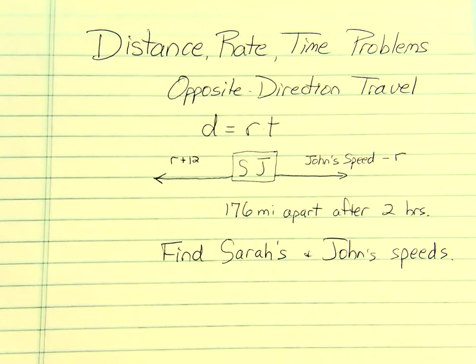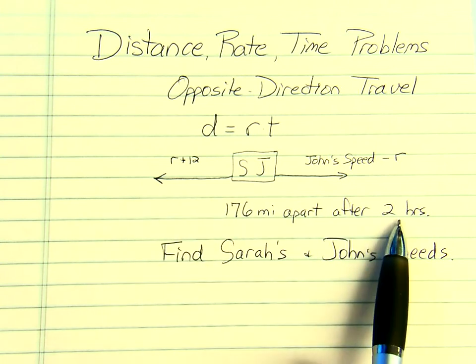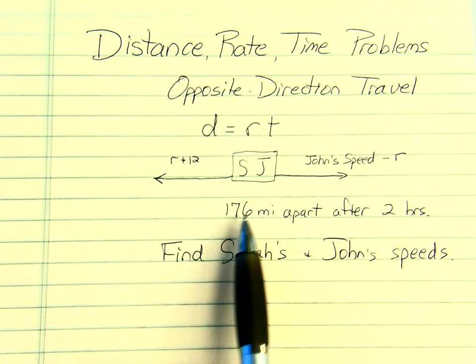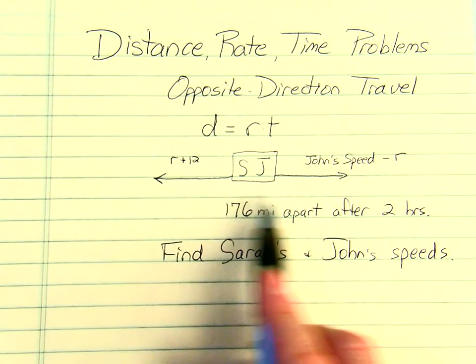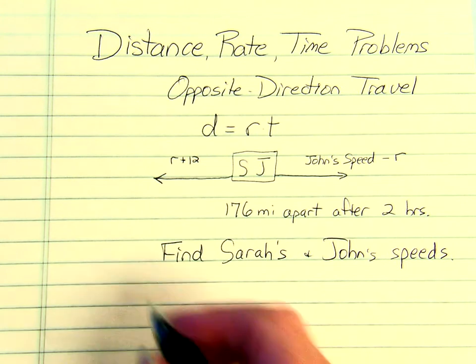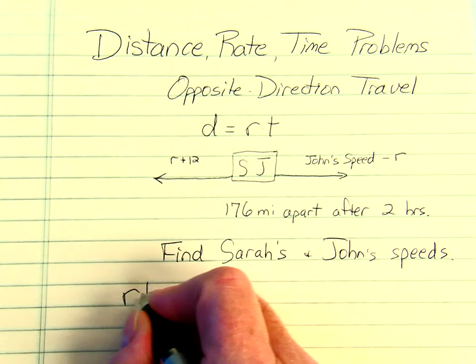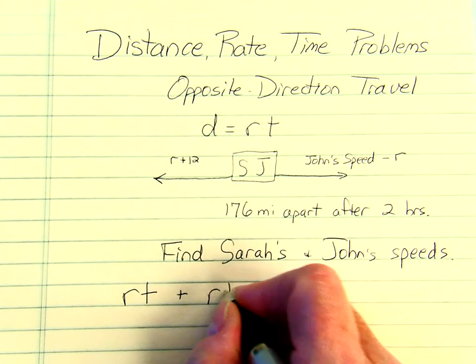So really, what we're saying here is that we know that the time is 2 hours. We know that the total distance is 176 miles, but we've got 2 people going in opposite directions. So here I'm looking at a total distance. So I'm looking at my rate times time plus my rate times time.